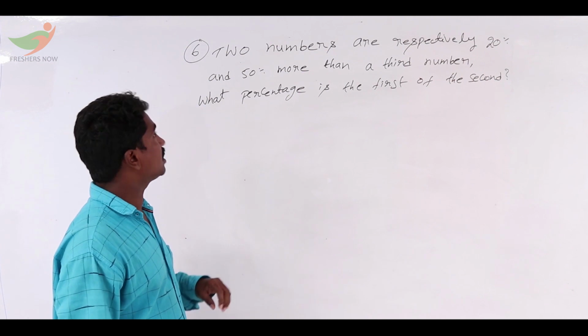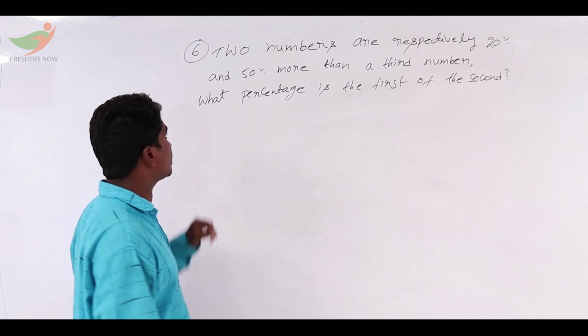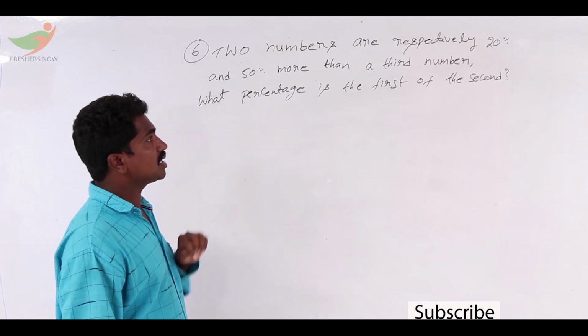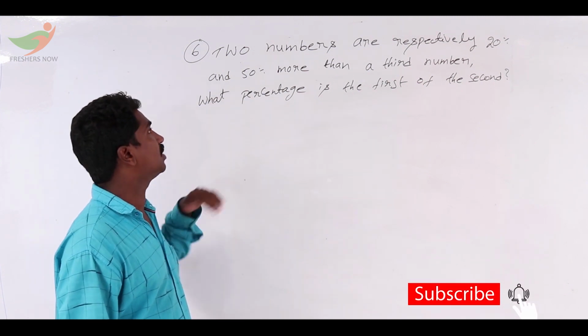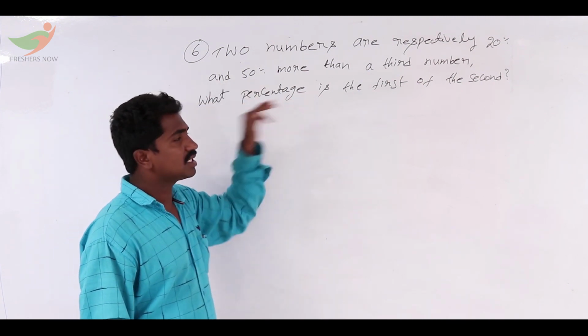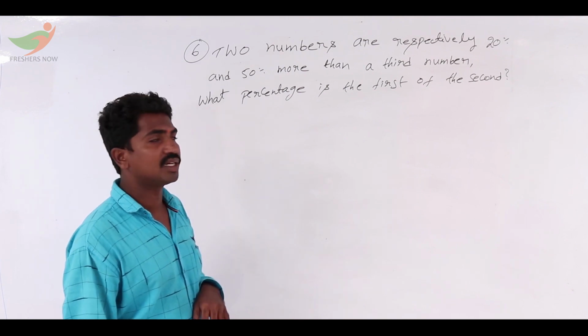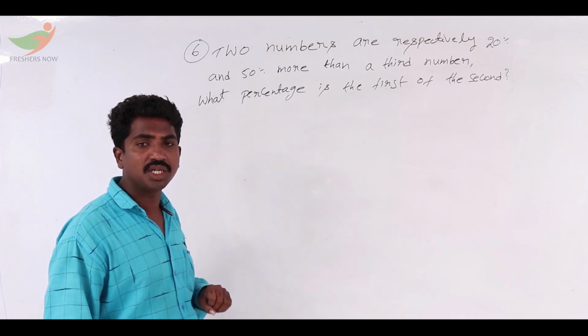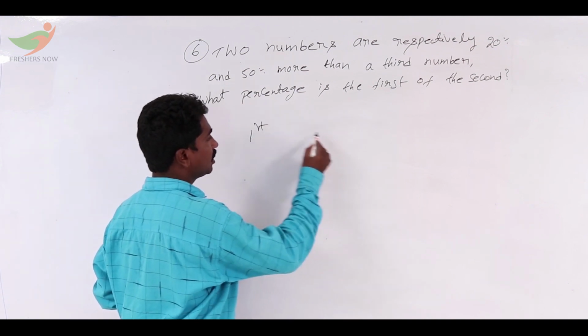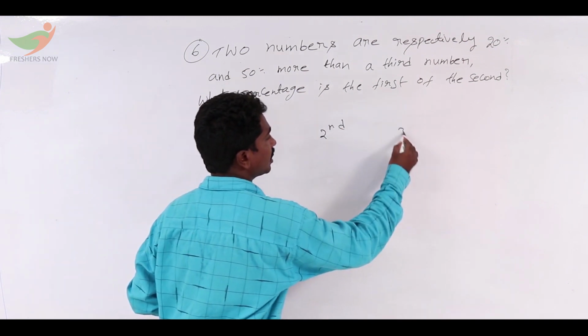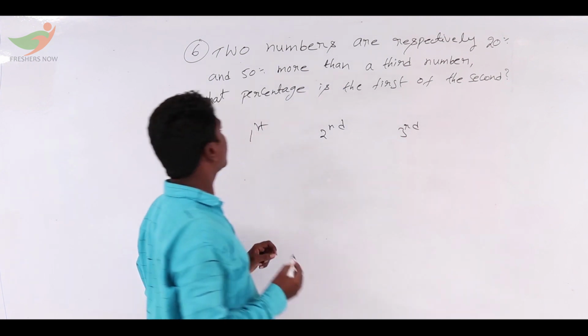Now we discuss the sixth question in percentages. Two numbers are 20% and 50% more than a third number. What percentage is the first of the second? Here in this question, he has given three numbers: first number, second number and third number.